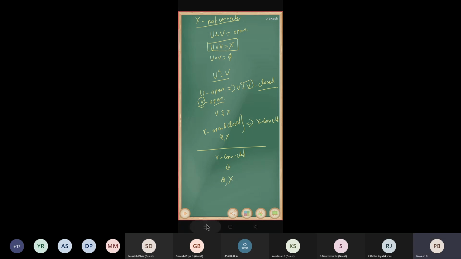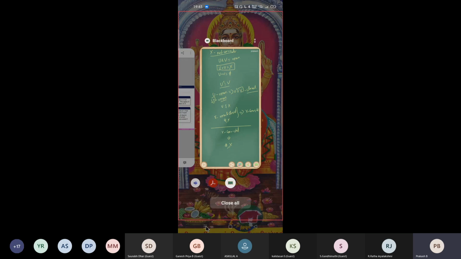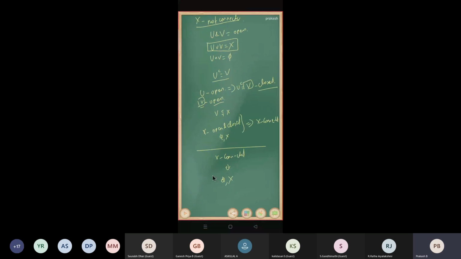So one more definition, an alternate definition for connected, is: if X is connected, then you can't find a pair A and B, subsets of X, such that A bar intersection B equal to empty, A intersection B bar equal to empty, and A union B is equal to X. Right?